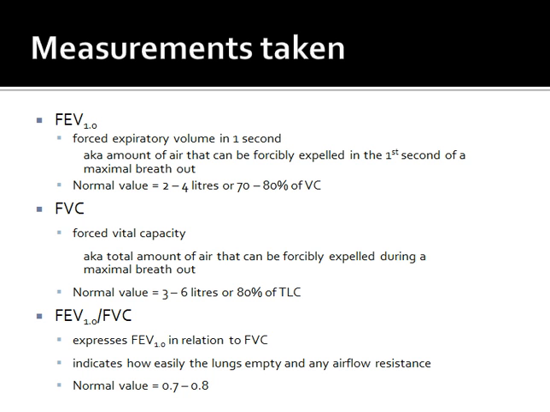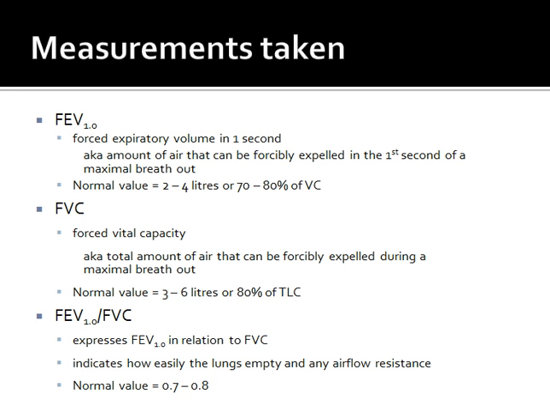Now, in a normal subject, you would expect that about 80% of that total lung volume can be exhaled in that first second, and that's because we're using our internal intercostal muscles, we're using our abdominal muscles, and we are forcibly pushing the air out of our lungs. And we know that our airways are nice and compliant.